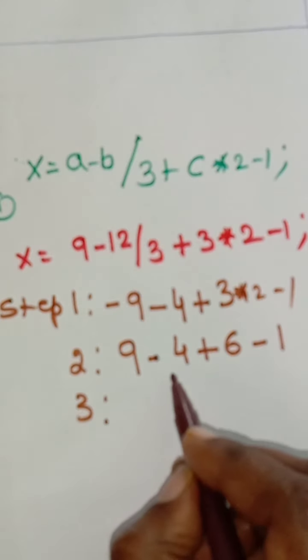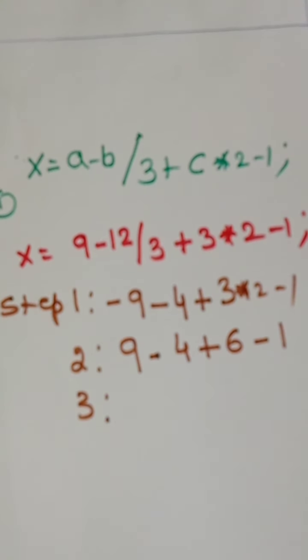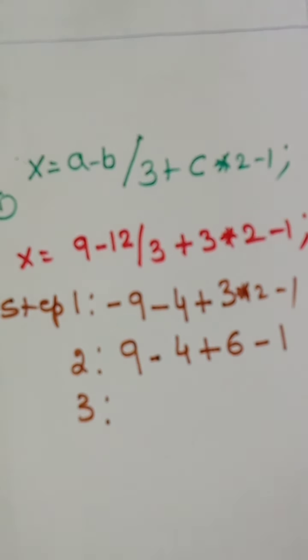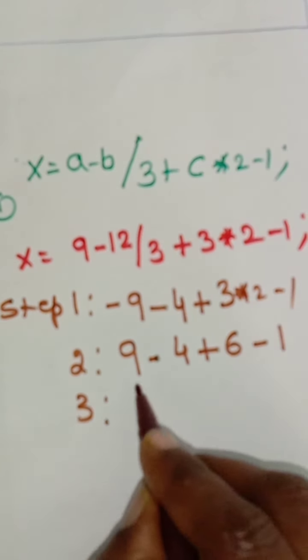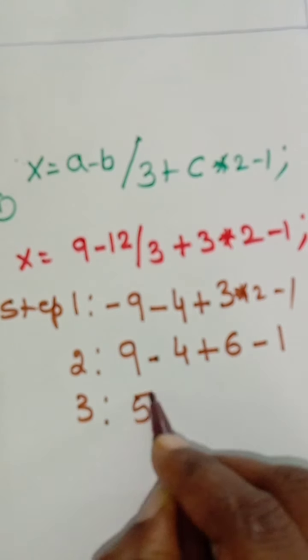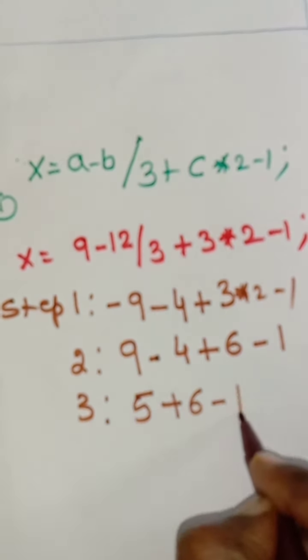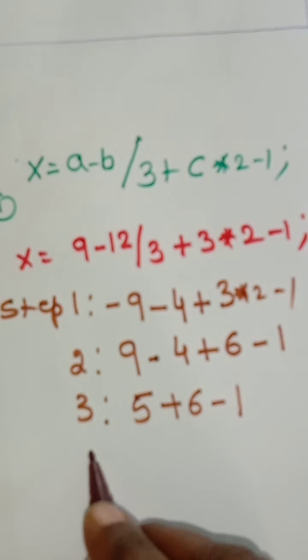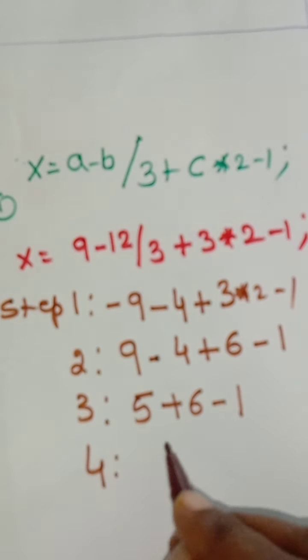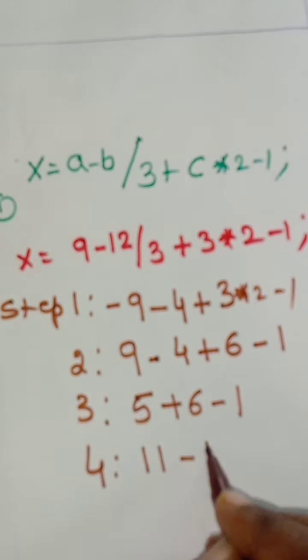Next, in step 3, you do the minus: 9 minus 4 is 5, plus 6 minus 1. In step 4, you get 11 minus 1.